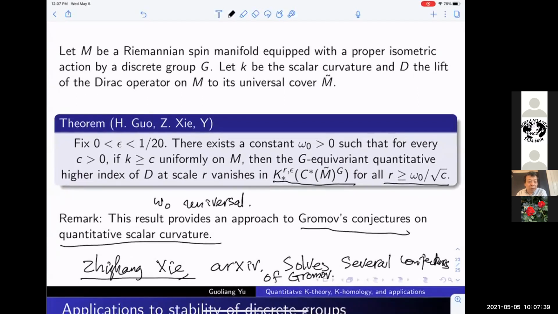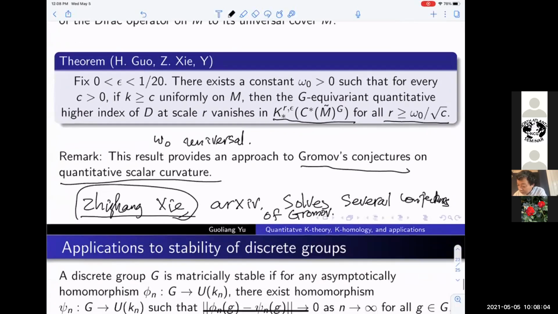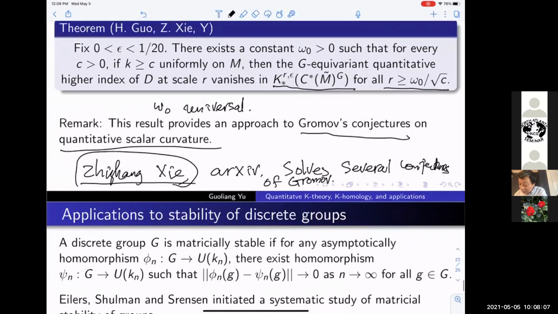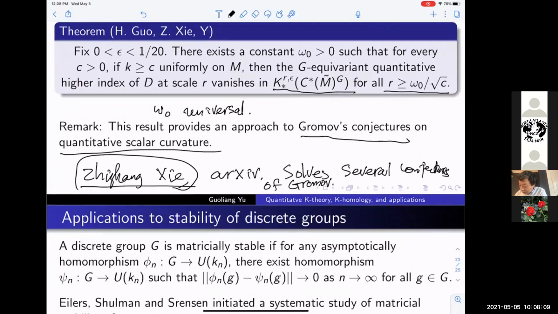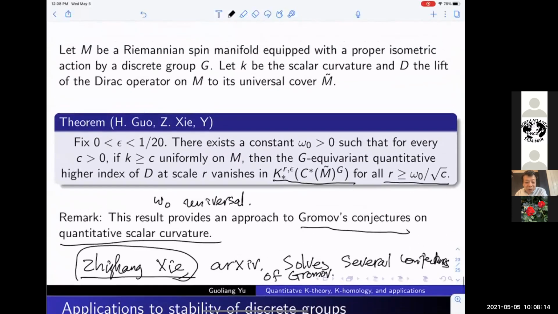Yeah, it's strong. For me, what's interesting is this quantitative K group is not only a tool to compute the usual K theory, it has some use. Of course, Zizang went ahead to solve some conjectures. Gromov proposed a lot of questions, and I think he solved some of them, really nice conjectures. And also it's really a constant, meaning it's a real number.